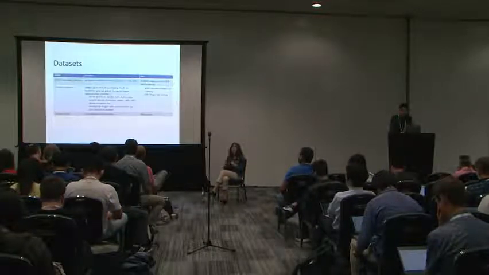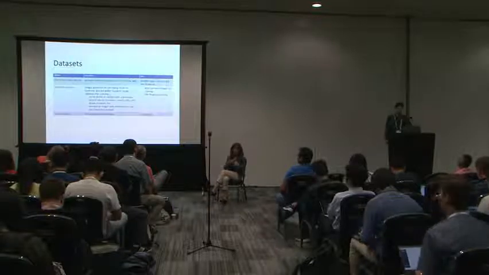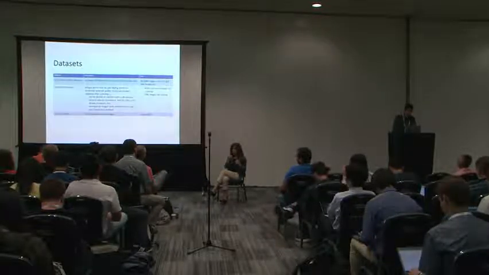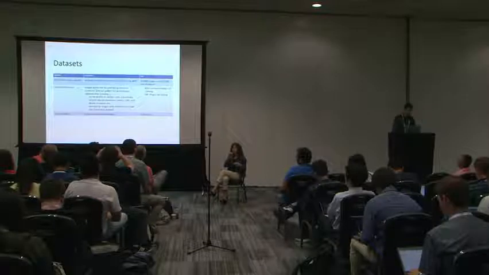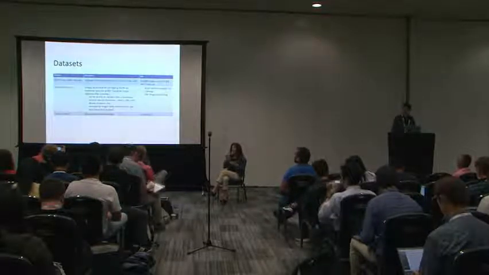So we used 3 data sets to train our models. The first data set is an open source data set called COCO Text. It has around 60,000 images. We also use a synthetic data set. For OCR, it's a wonderful world.